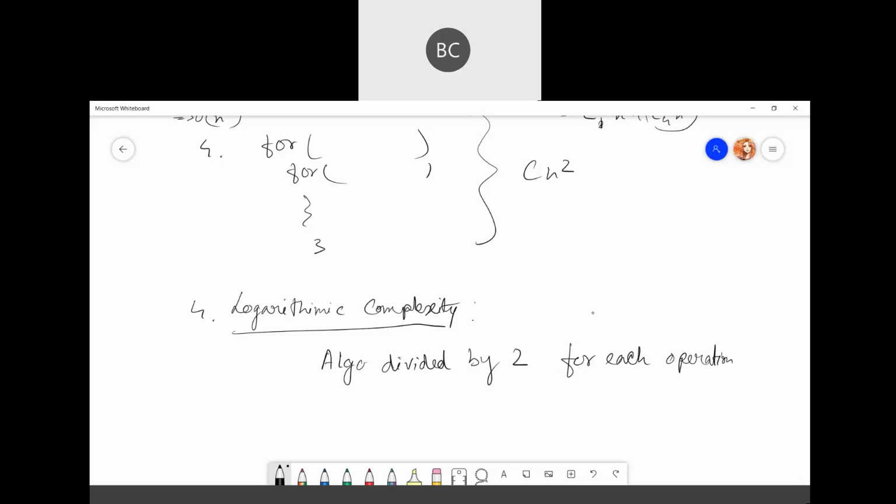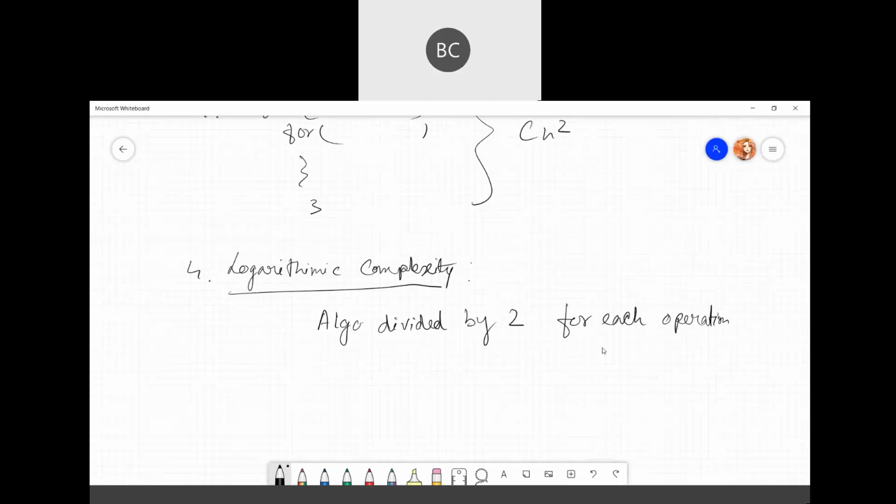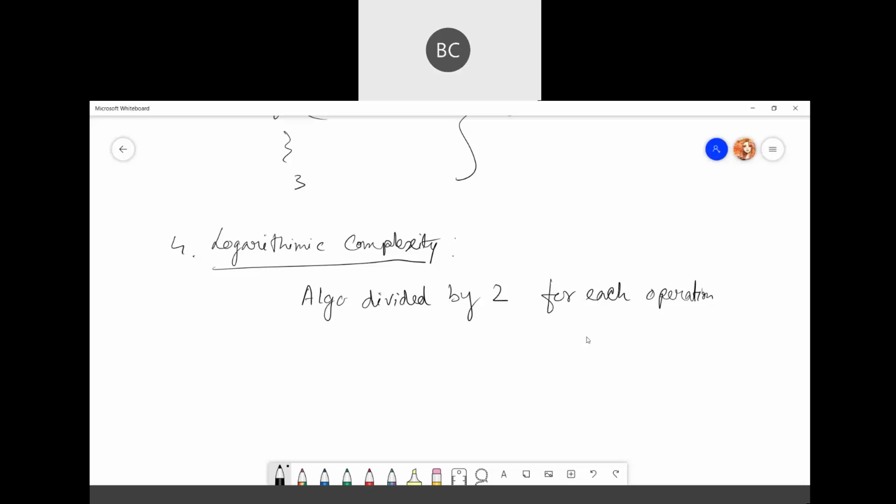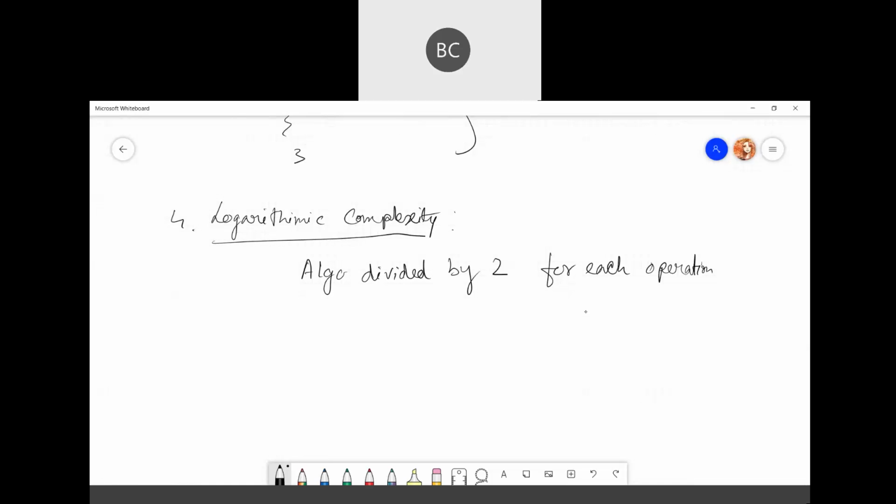In binary search, we always divide the whole array into 2 halves. There are also some sorting algorithms where you divide the array into 2 halves.